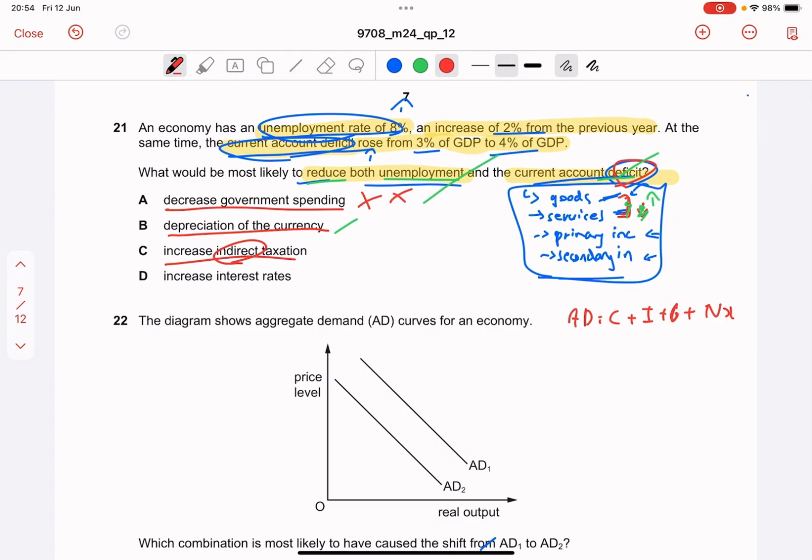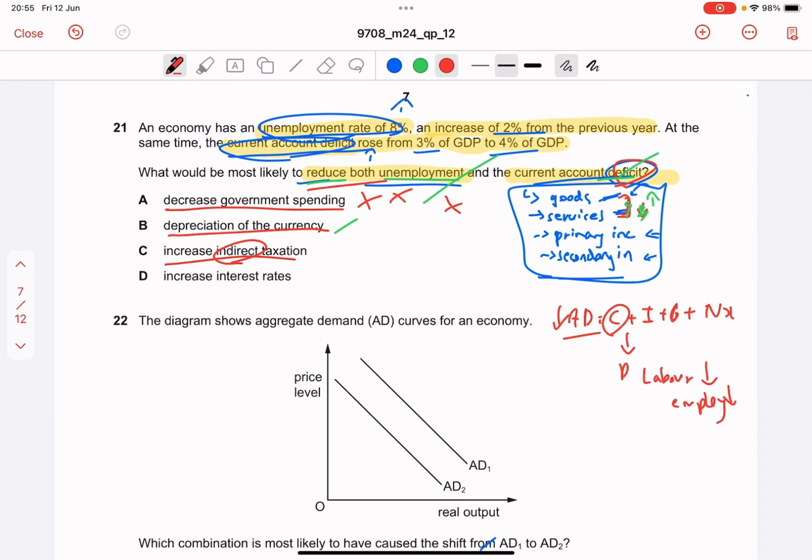So if indirect taxation increases, the prices of goods and services increase, so that would reduce the purchasing power or make people less attracted to buying. So consumption is likely to decrease, right? Then that means aggregate demand is likely to decrease as well. So if aggregate demand decreases, again, because labor has derived demand, the demand for labor decreases, that means employment will decrease, right? So if employment decreases, that just basically means that unemployment increases. So does that reduce unemployment? Nope, it does not.